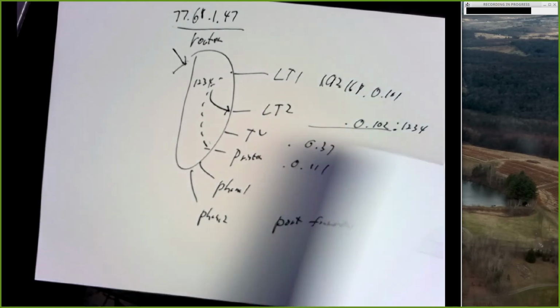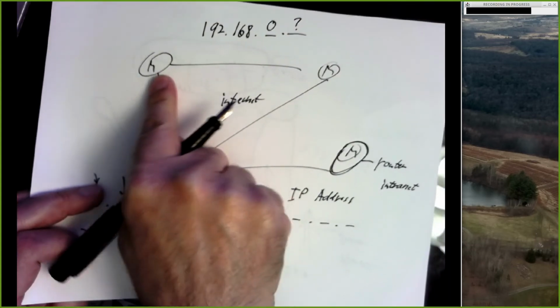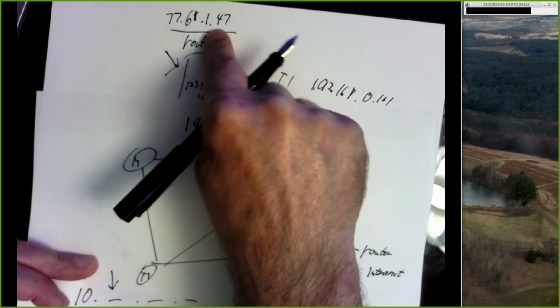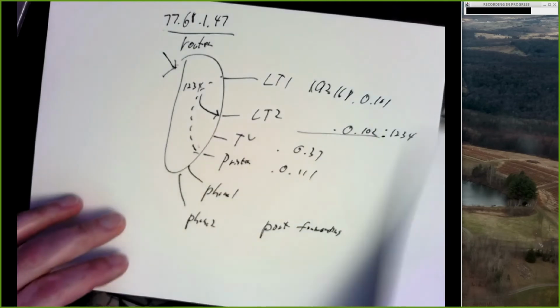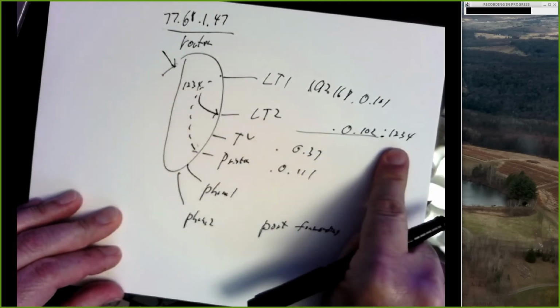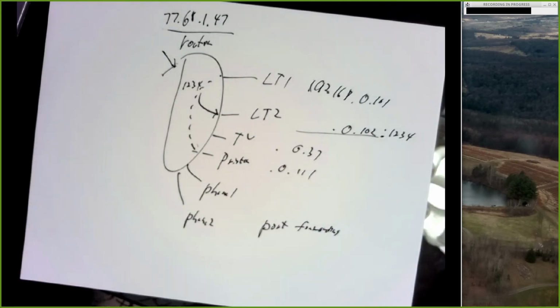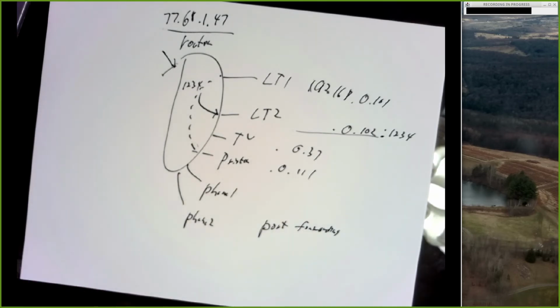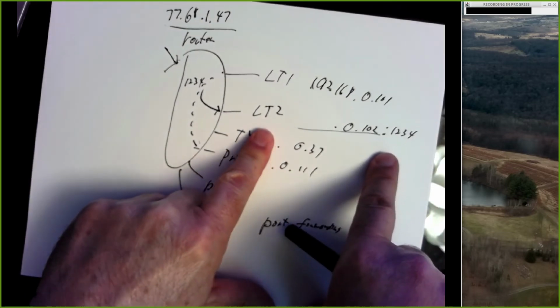And now, Joe Hacker out here on the other side of the planet can access my router with this IP address, ask for port 1234, connect to that port, and now they can play dots with me. So you can set up port forwarding in a router. You don't want to do it unless you're really confident that you have a reason to do it and you know what you're doing, because it does basically put your machine on the internet, right?